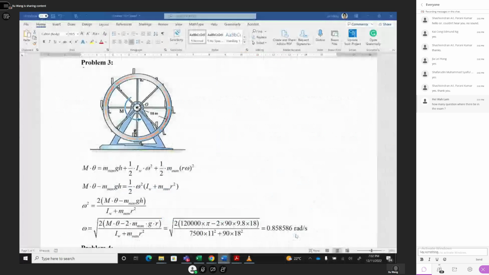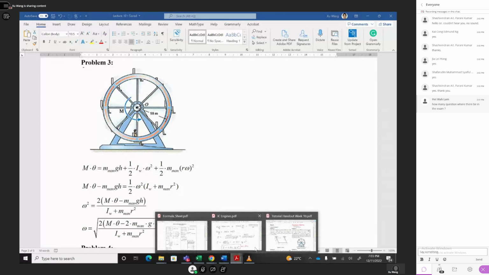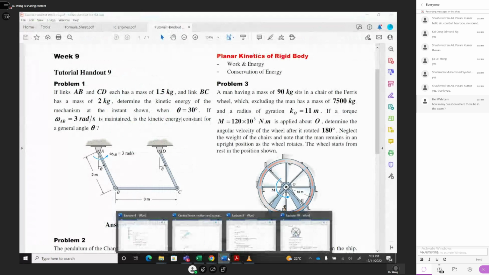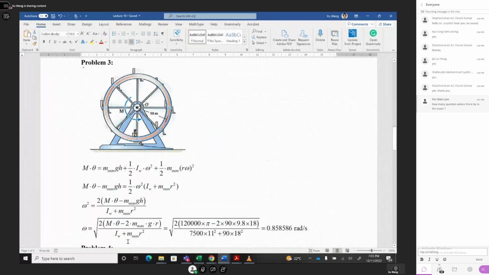And then minus 2, the person is 90 kilograms, g is 9.8, radius R is 18, divided by m k squared, the wheel's mass 7,500, and k is the radius of gyration, k equals 11. 11 squared, and plus m is 90 kilograms and the radius is 18. You put this in and calculate. You can check whether the calculation is right or not.